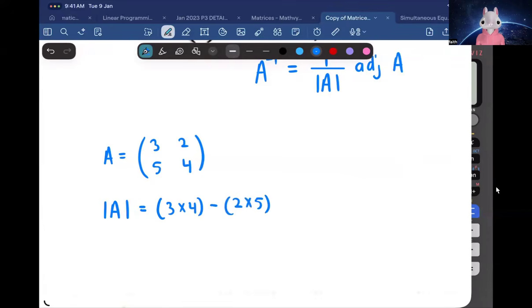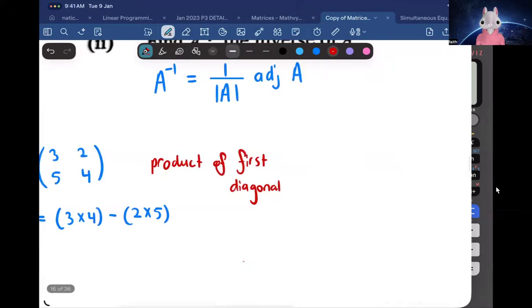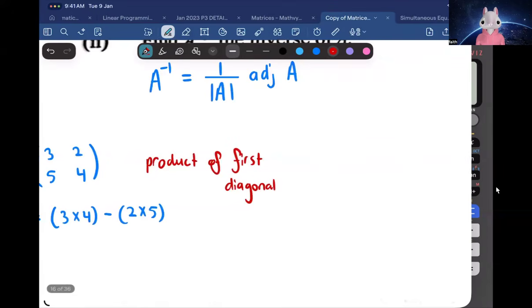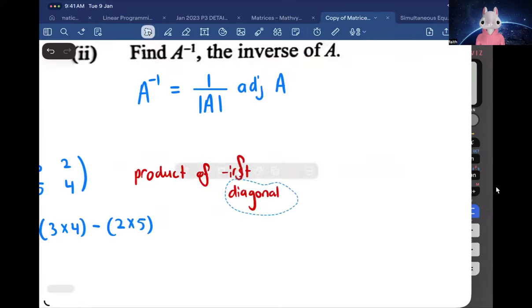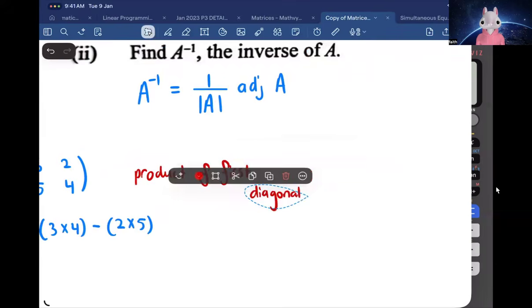So if you want to find the determinant, it's the product of the first diagonal minus the product of the second diagonal, right? All right, by 2:30, I want to be done with matrices.